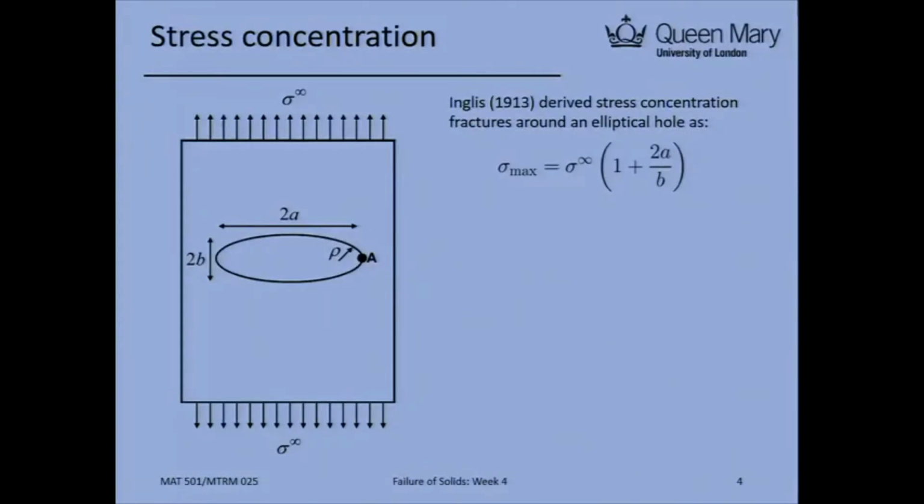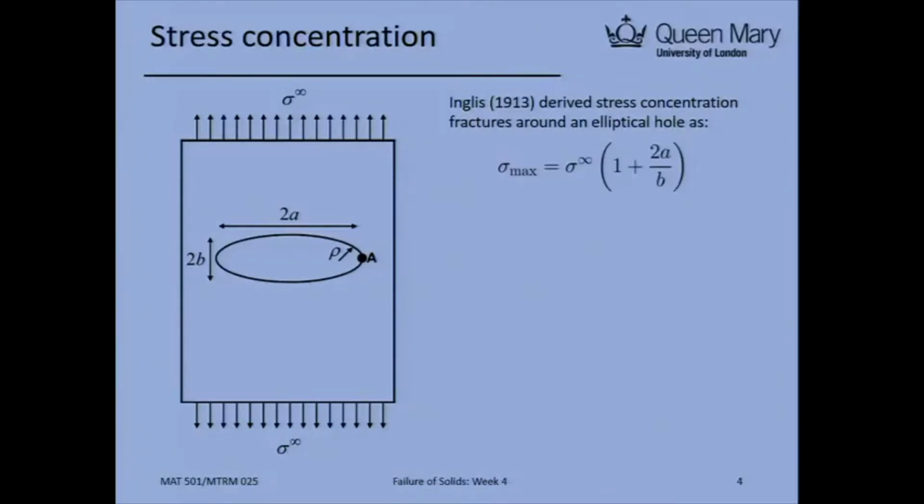That doesn't mean the stress is infinitely large, it just means it's very far away from your hole. That remote stress times 1 plus the aspect ratio, roughly 2A over B. So that's the equation to give that idea.